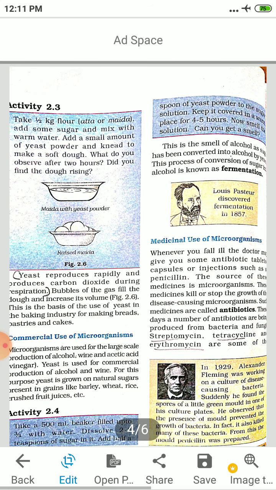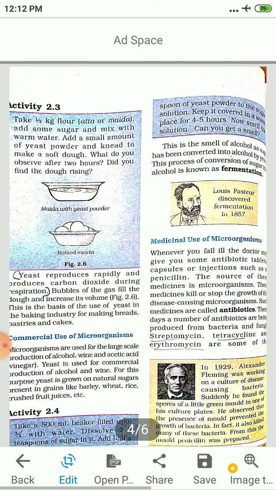Take half kg flour, atta, add some sugar, mix with warm water. Add a small amount of yeast powder and knead to make a soft dough. What do you observe after 2 hours? Did you find the dough rising? Yes. Yeast reproduces rapidly and produces carbon dioxide during respiration.